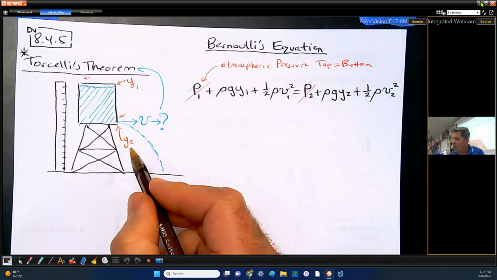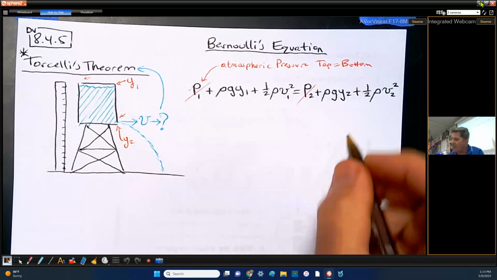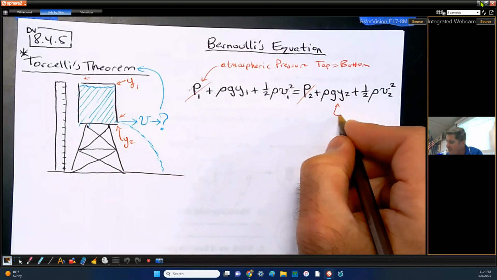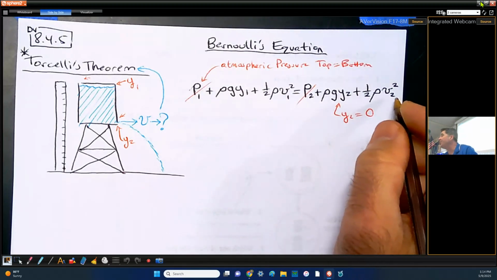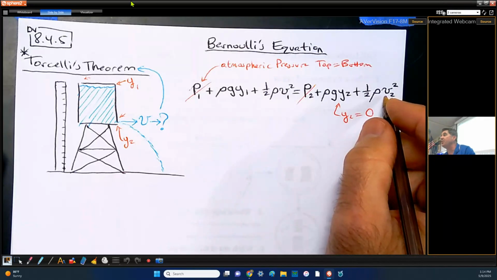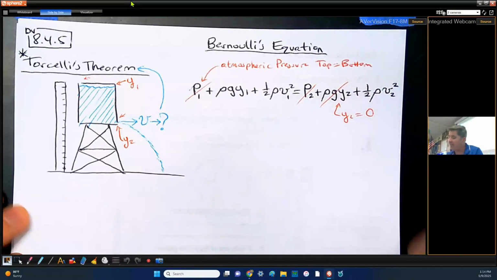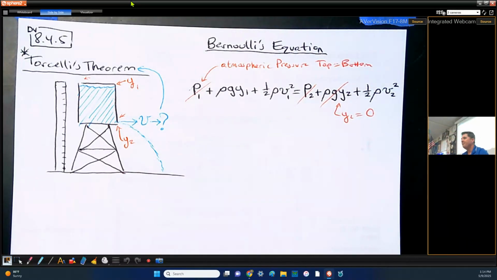Right? So what is y2 going to be? y2 is going to be 0. y2 equals 0. Why is it 0? Because I chose it to be 0. That was my choice. It was a smart choice because now I can get rid of that. So far, so good? Okay, lastly, I want to get rid of one more thing.